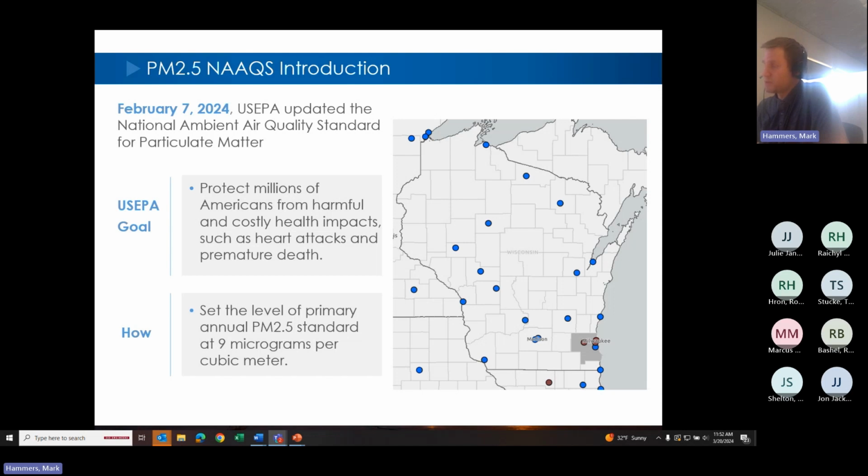This is for the annual, and they didn't update the PM10 standard. Something here shown in the picture to the right is actually, I believe, all the monitoring locations the Wisconsin DNR has set up for PM2.5. So we'll touch base on that in a little bit here.